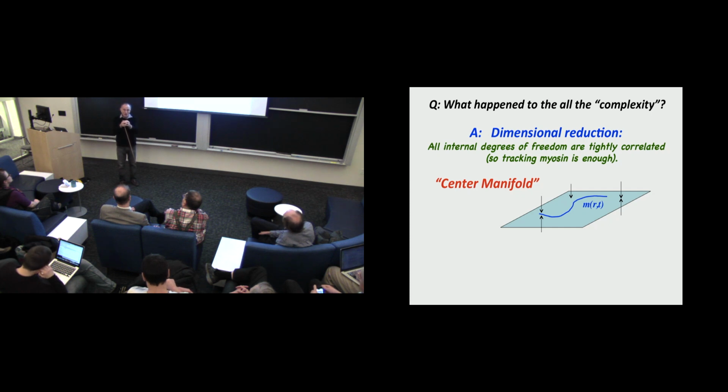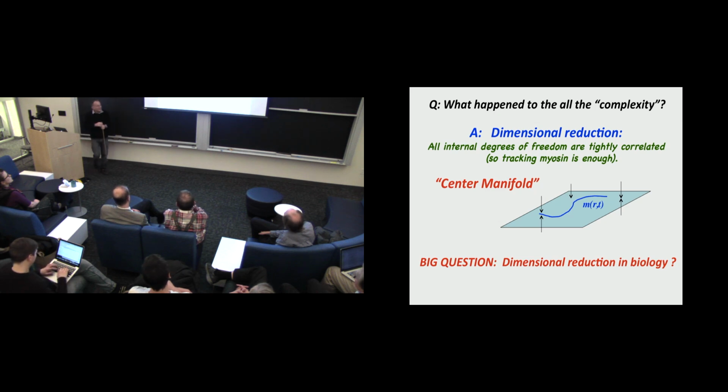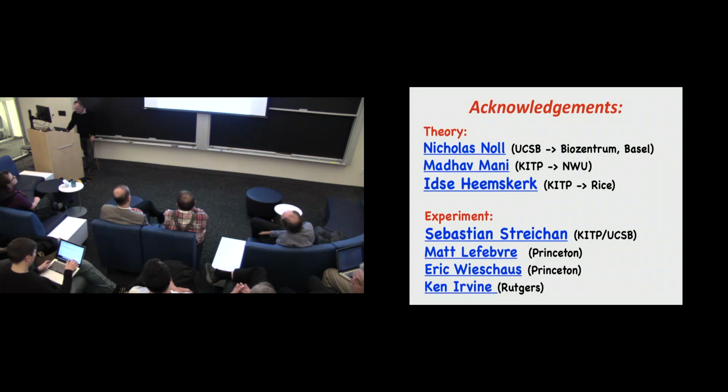So effectively, if you know one, you sort of know them all. And if that's true in this particular corner of biology, in this mechanobiology of the cytoskeleton, could it also be happening in other places?